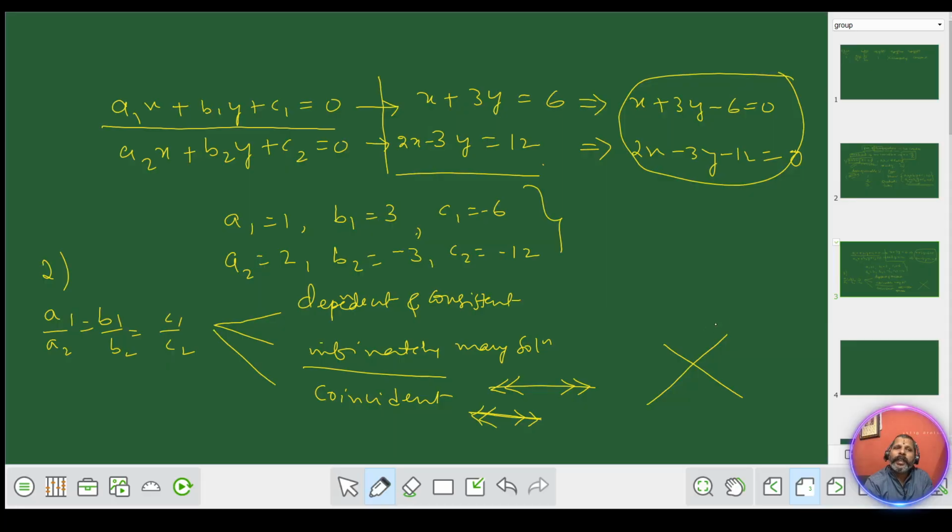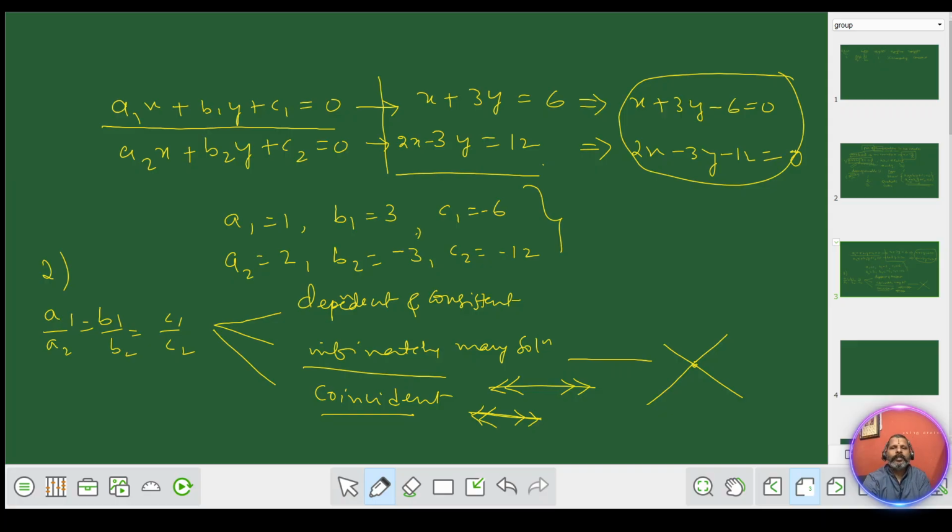How many solutions does it have? It is the number of points at which they intersect each other. If they intersect at one point, there is one solution. Now since they are coincident, every point on one line touches every point on the other line, so there are infinitely many solutions, because a line is made up of infinite points.